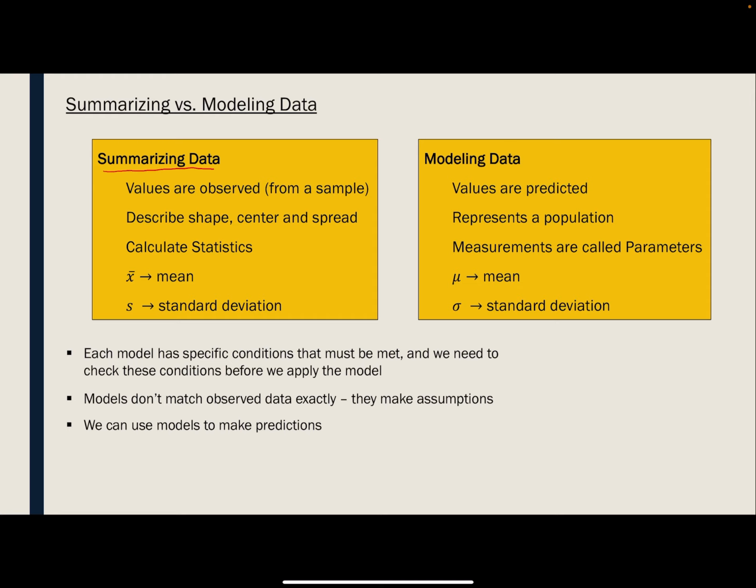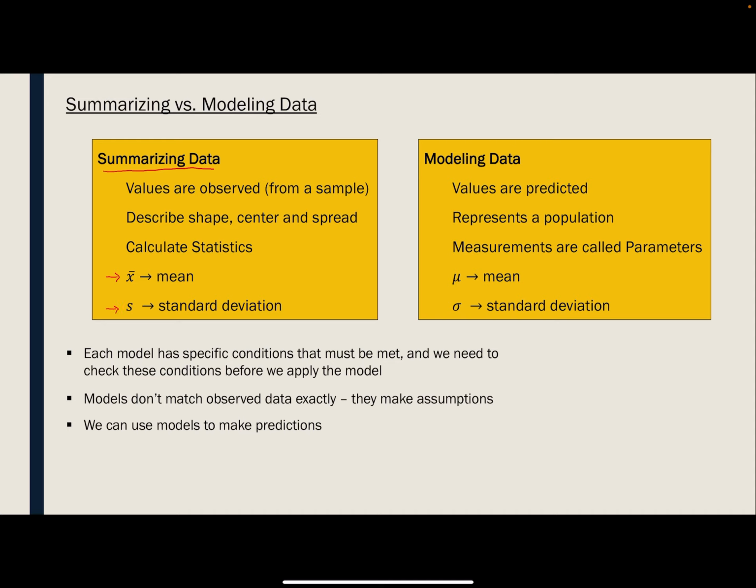We made a histogram or a stem and leaf diagram or a dot plot, and we described the shape, and we discussed whether the mean or the median was the best measure of the center, or the standard deviation or the IQR was the best measure for the spread. And we used our calculator to calculate statistics. And we saw that x bar represented the mean and s represented the standard deviation.